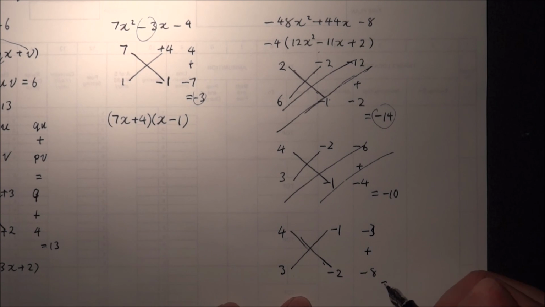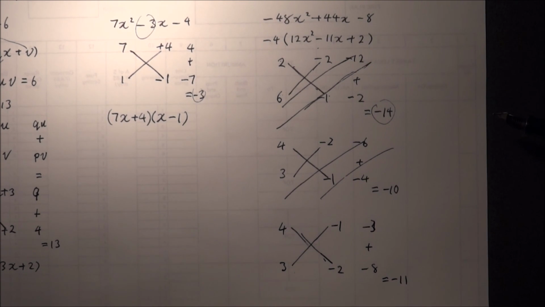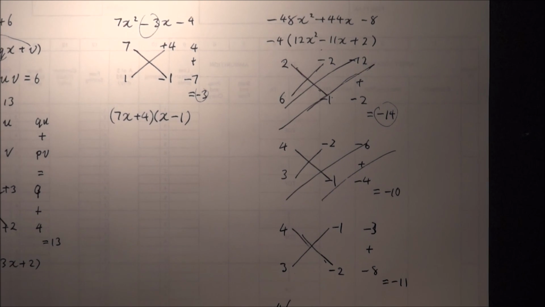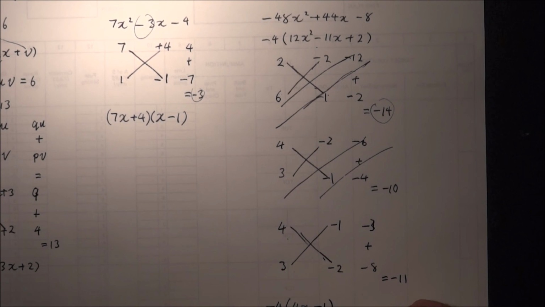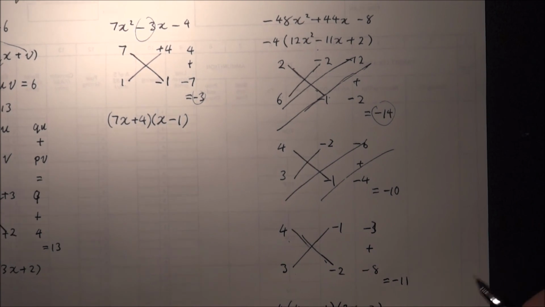When you add the two, they equal negative 11, which satisfies our condition. So we end up with negative 4 times 4x, this is the coefficient of the first x, coefficient of the second x. And here's your answer.